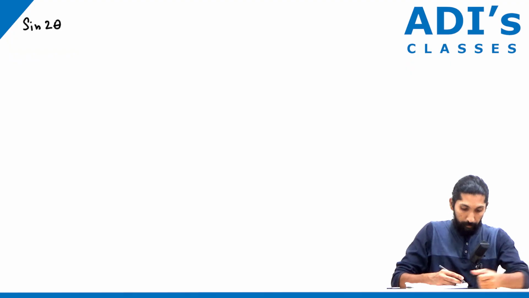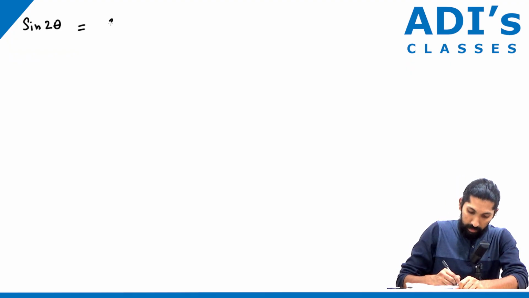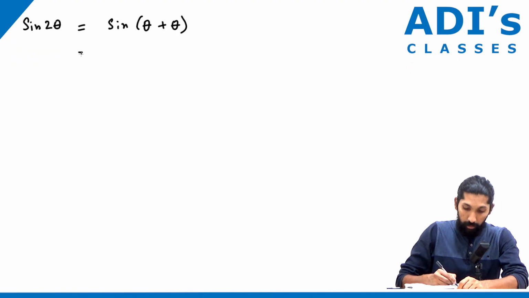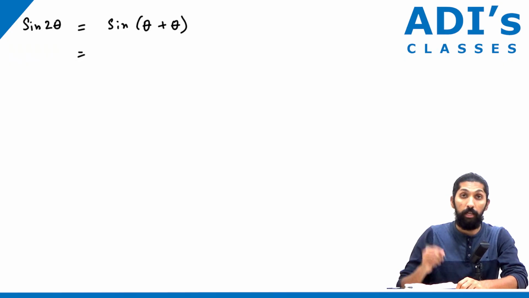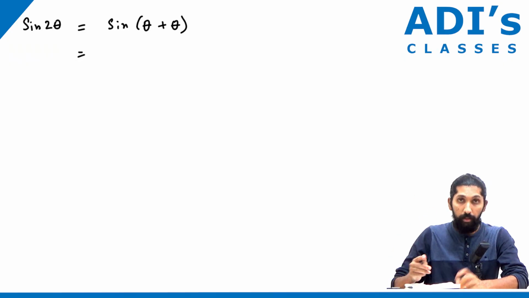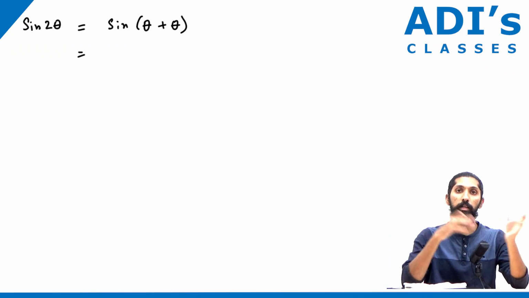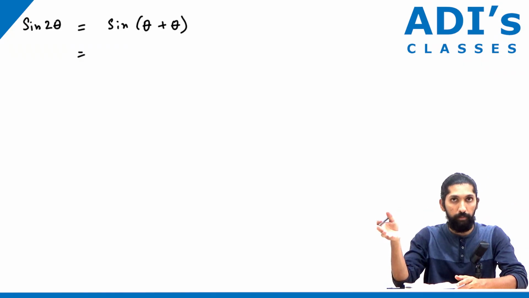So what we'll do, we can write this as sine of theta plus theta. We can use the compound angle formula, sine of x plus y. Here x and y are one and the same, that's the only difference. What is sine of x plus y? Sine x cos y plus cos x sine y.